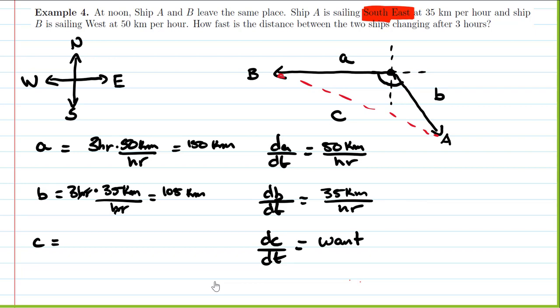To go from south to west would be 90 degrees, and going exactly southeast means you're going halfway in between. If that whole angle is 90, what would half of the angle have to be? 45. So the entire angle would be 135 degrees, or its equivalent in radians, 3 pi over 4.